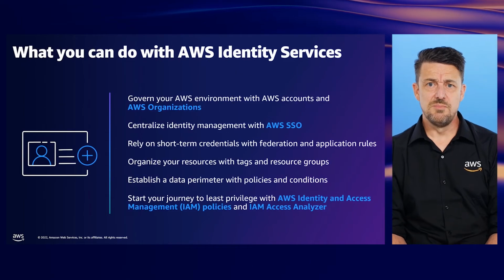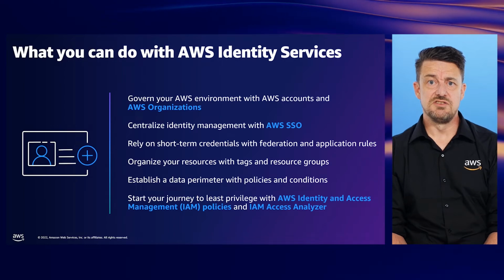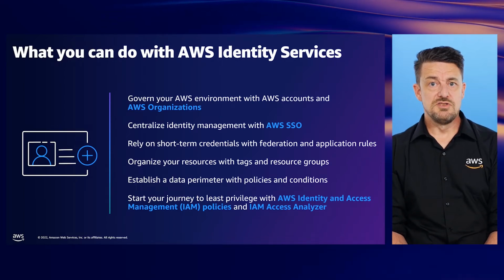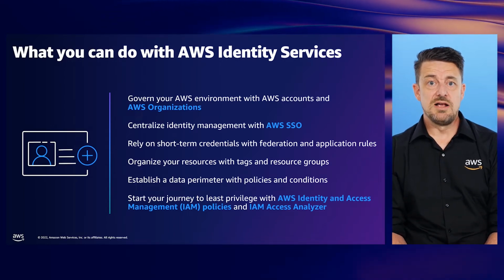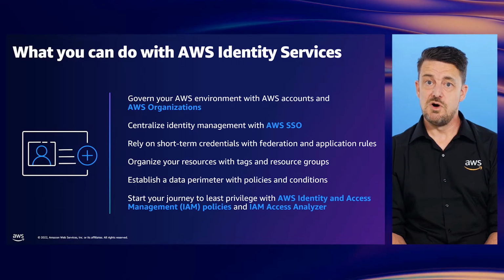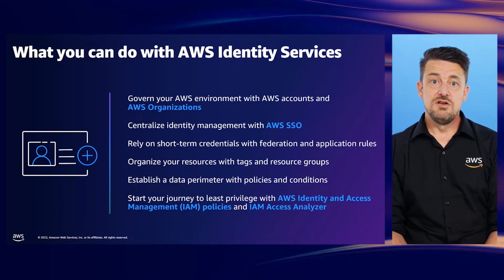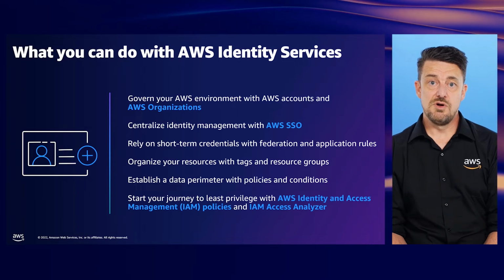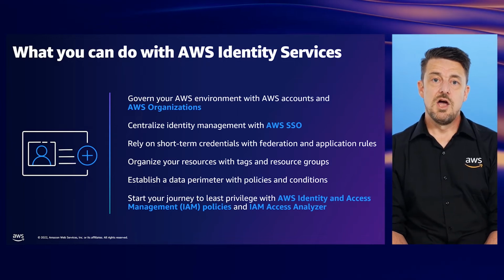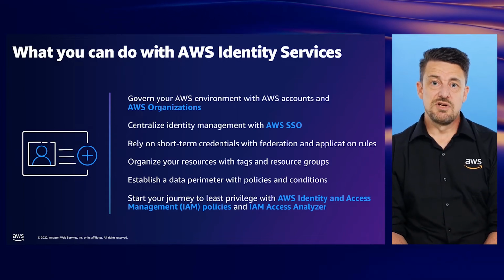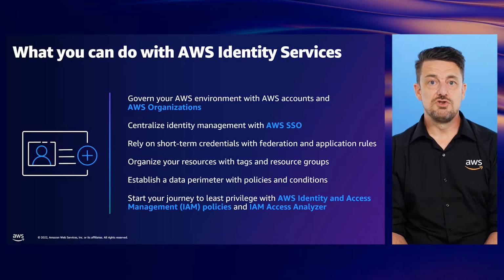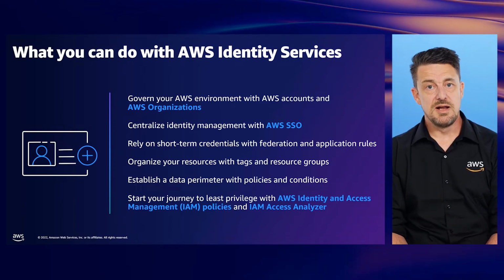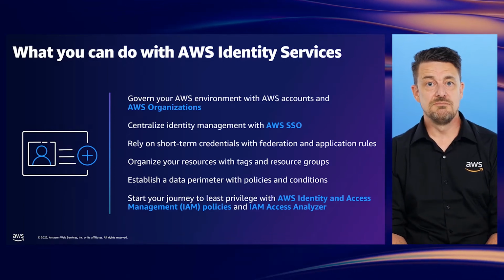So let's talk about the components that make up AWS Identity Services. You can use AWS Organizations to manage your AWS accounts and centrally govern your AWS environment. You can centralize identity management with AWS SSO, which we'll talk about at length today. You can improve your security by ensuring your users and applications use short-term credentials through federation and application-specific IAM roles.